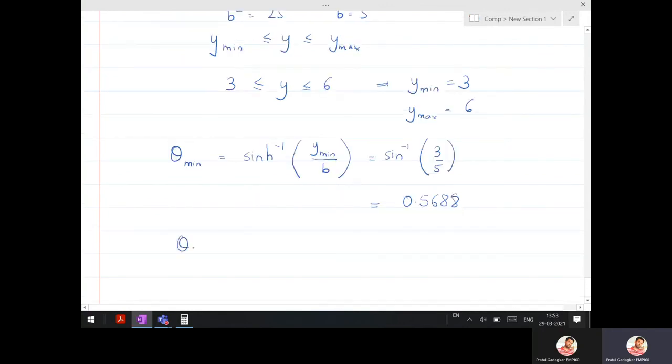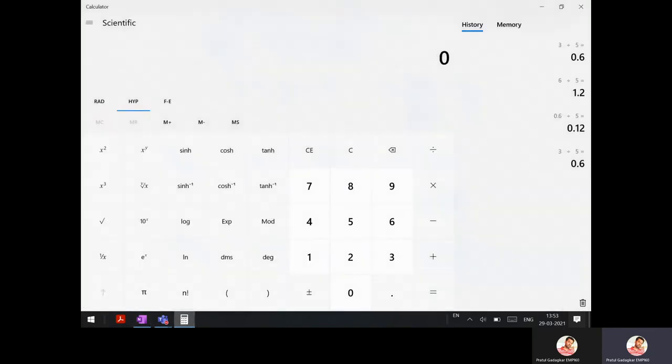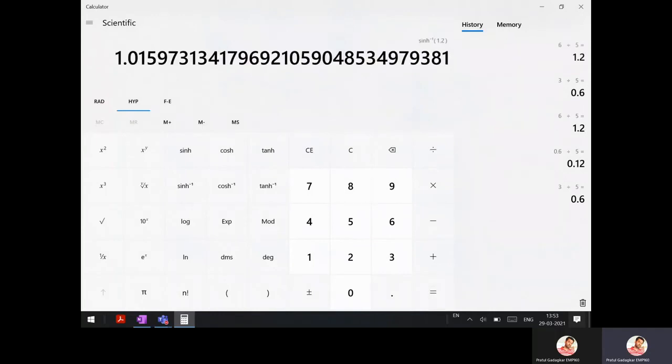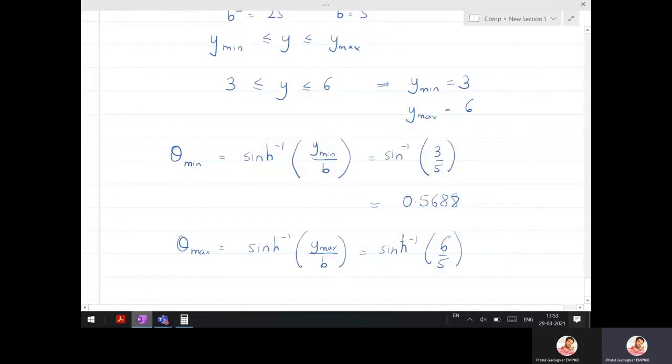And what about theta max? Theta max is sine hyperbolic inverse of y max upon b, which is equal to sine hyperbolic inverse of 6 upon 5, and its sine hyperbolic inverse is 1.0159.